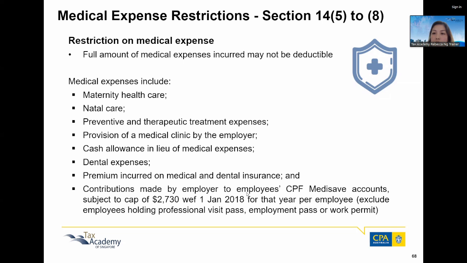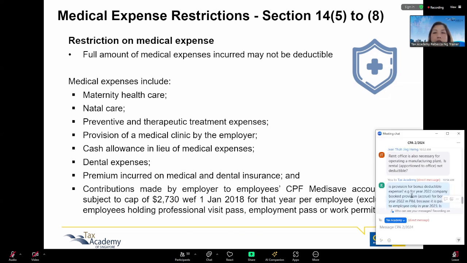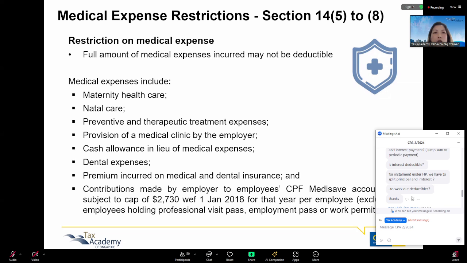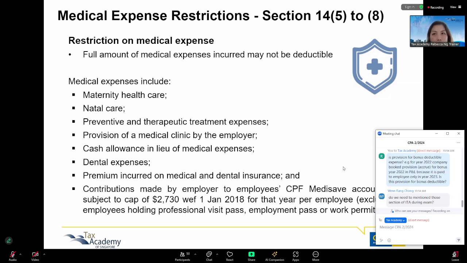There's no need to mention the sections specifically, but the broad base, like Section 14, you must know the entire concept of how the Income Tax Act is structured. Section 10 is charging income. Section 14 is deduction. Section 15 is expenses that are not allowable for deduction.